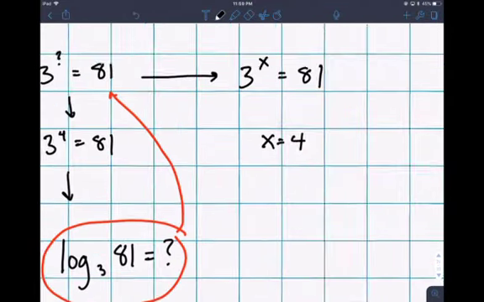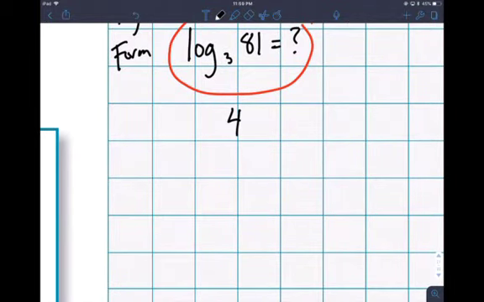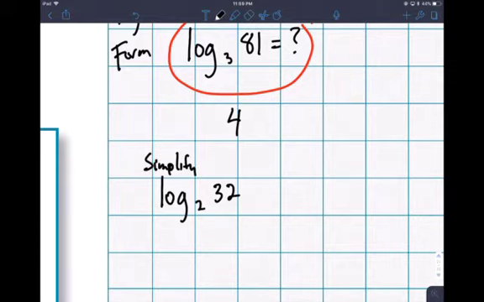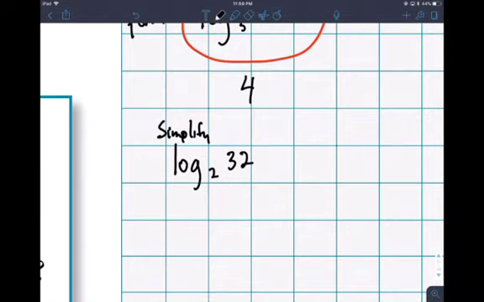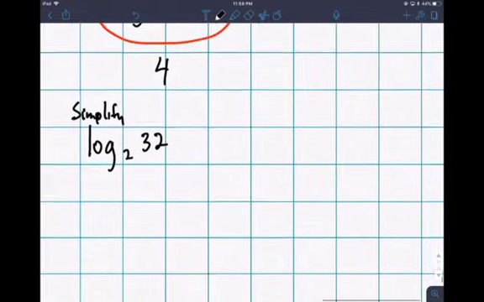Just like that one. So if I have a problem that says log base 2 of 32, and they ask to simplify this, think of it as an exponential function, exponential form. So this is telling me 2 to what power equals 32. So this is your job.